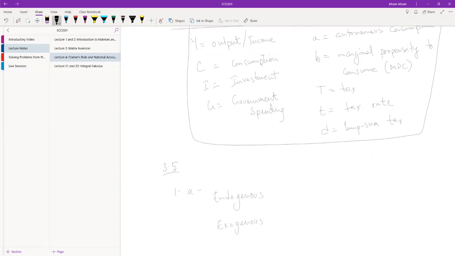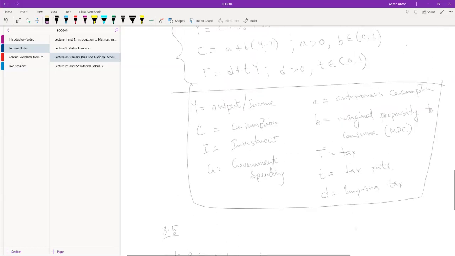Endogenous basically means values that you can calculate from the model. And exogenous means values that are determined from outside the model. So for example, if we have something like this, just show it to you guys here.